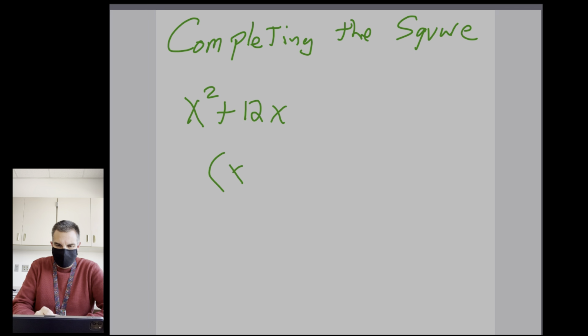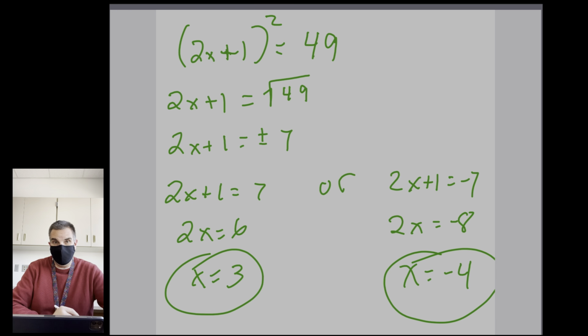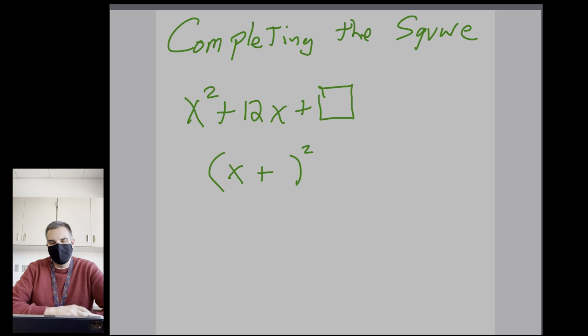So I want this to say x plus something squared. We want to kind of complete this square. So we're going to add in here kind of this other box so that we can do what we call completing the square, so we could solve a problem that maybe looked like this. Because ultimately, when we're completing the square, this is what we're looking to do. We're looking to figure out what goes inside kind of those parentheses.